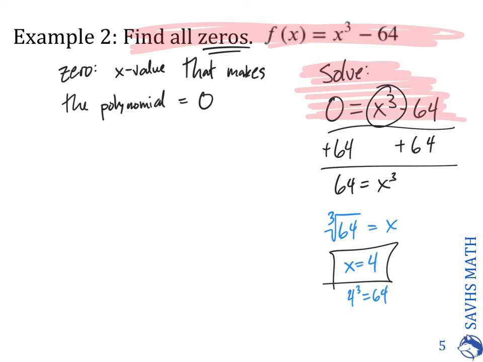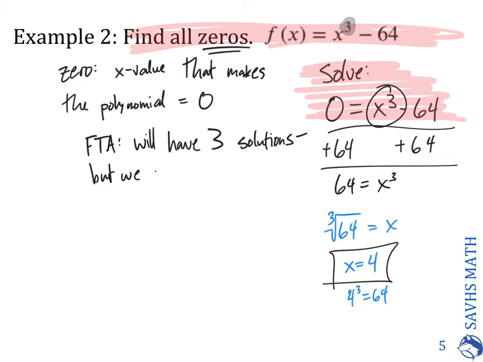But here's the problem. This problem is a cubic equation. Because it's cubic, the fundamental theorem of algebra says I have 3 solutions, but we only got 1. So therefore, we need to use the factor theorem.